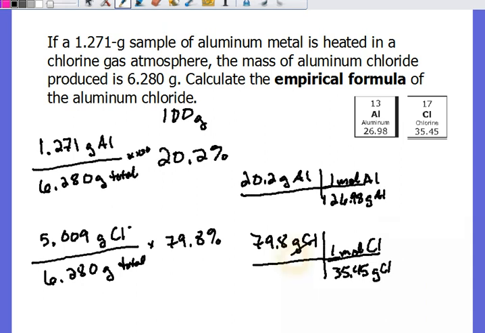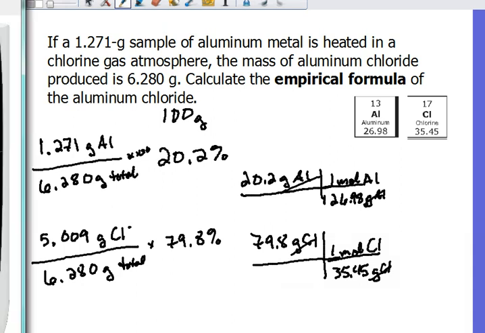And you will convert your grams of each thing into moles. So on your calculator, you would take your 20.2 for your aluminum and divide it by 27 if you want to just get close.